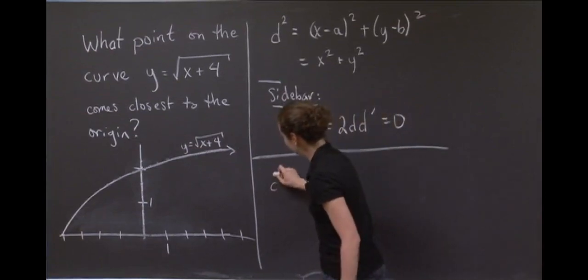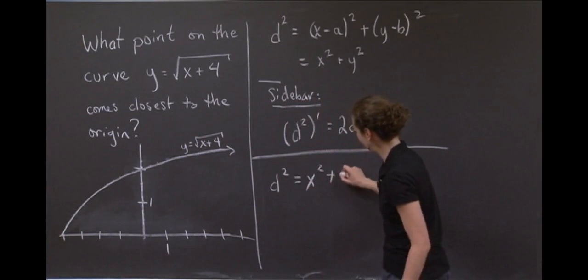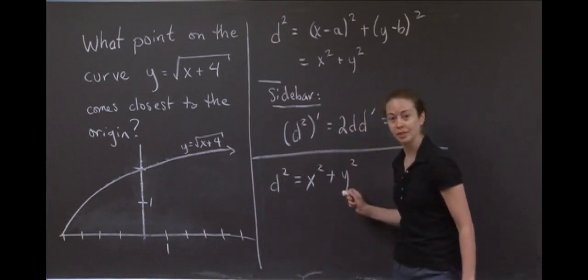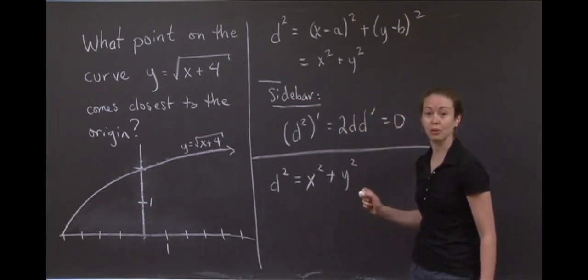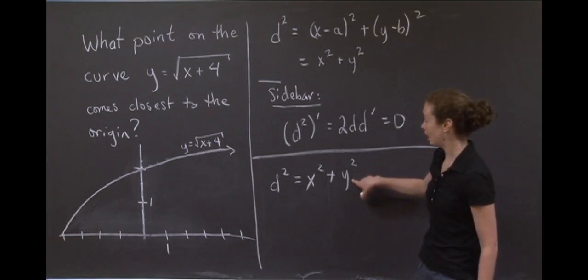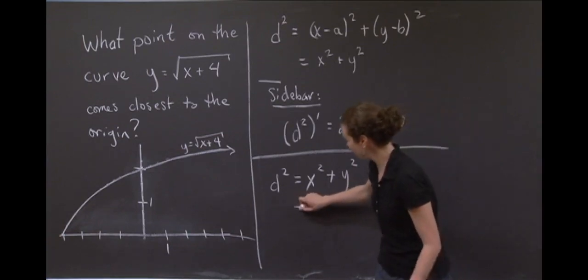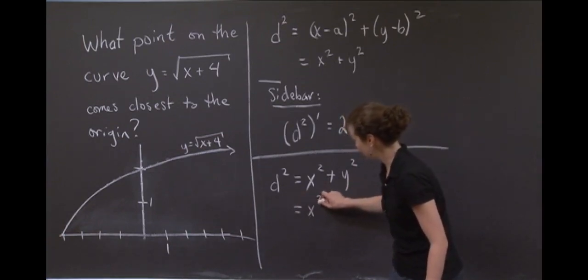What is our optimization equation that we want to minimize? We want to minimize this equation with respect to a certain constraint. What's the constraint? The constraint is what y is. y depends on x. And so when I solve these problems, I'm going to have to substitute in my constraint.